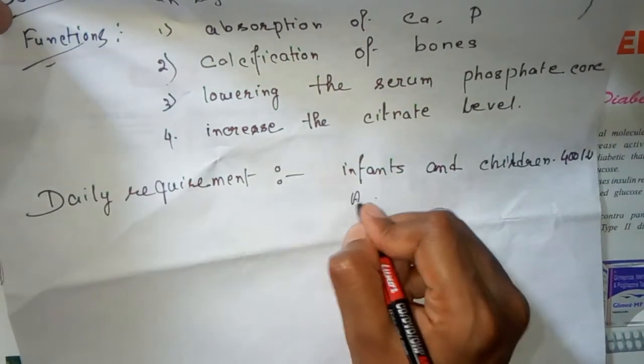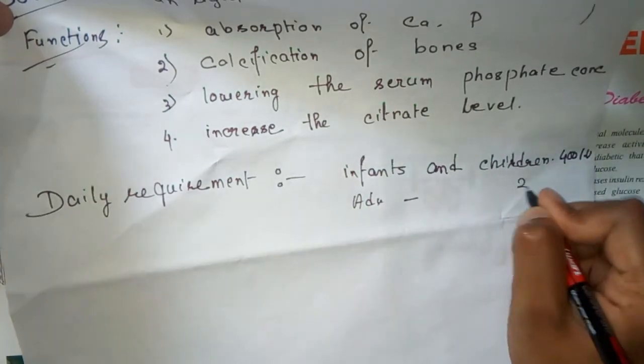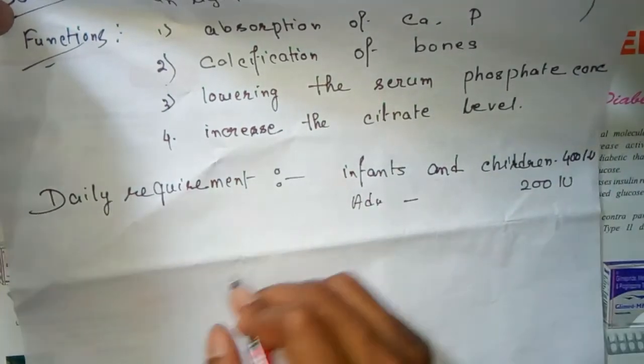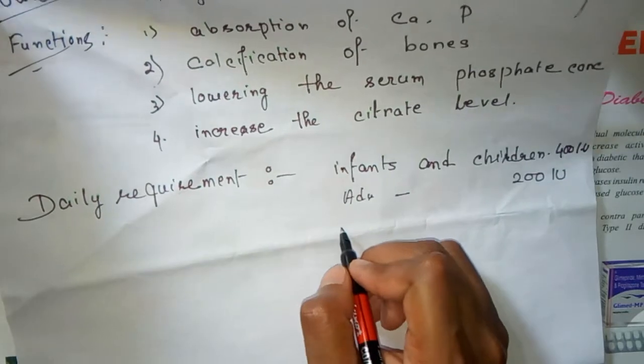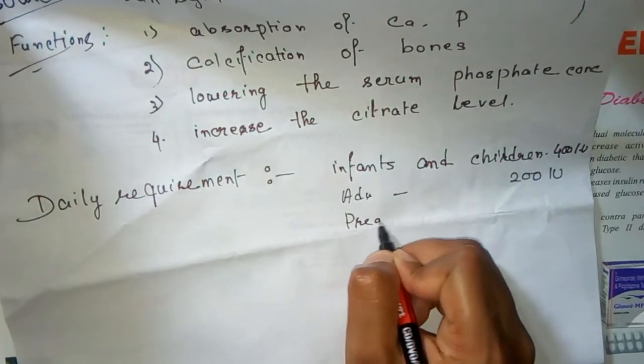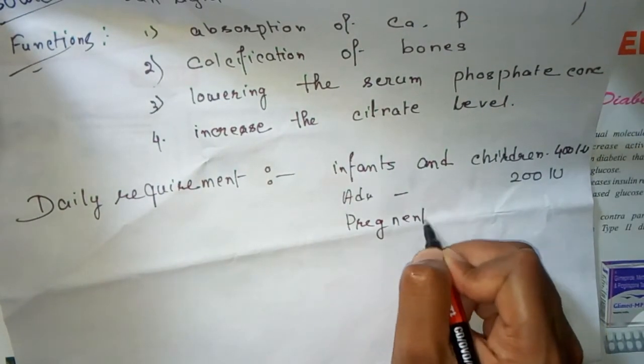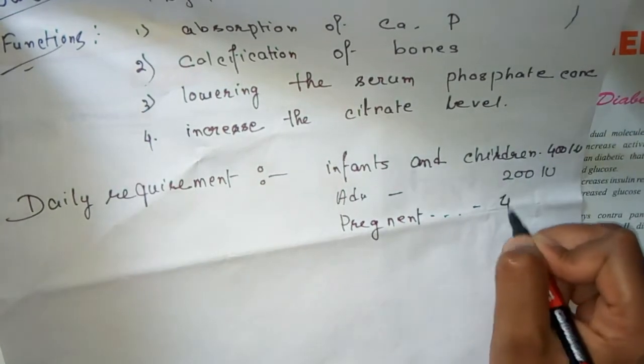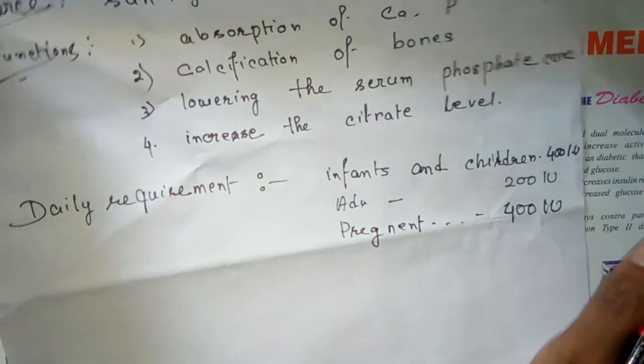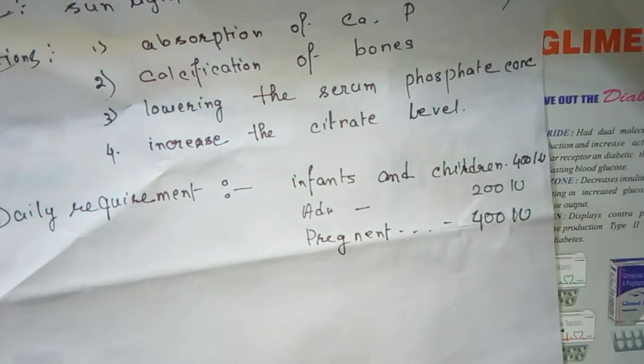In adults it's 200 IU, and in pregnant and lactating women it's 400 IU. So these are the daily requirements of vitamin D.